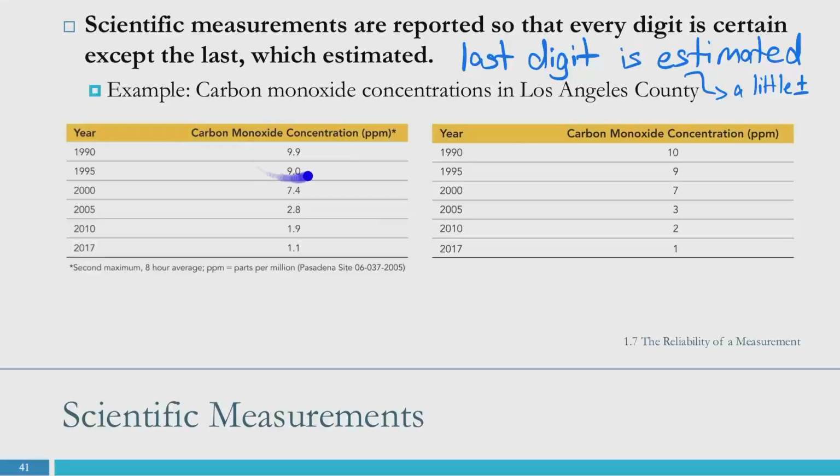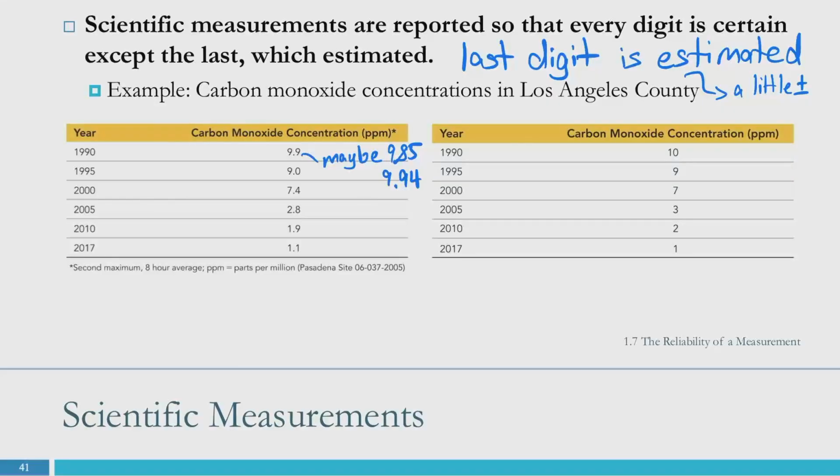So in our example here on the left, this 9.9 could be a little bit below 9.9. So it may be 9.85, and maybe that rounds up to a 9.9. It could be 9.94, and that rounds down to 9.9. In our example on the right, this 10, there's a little bit of plus or minus baked into that.